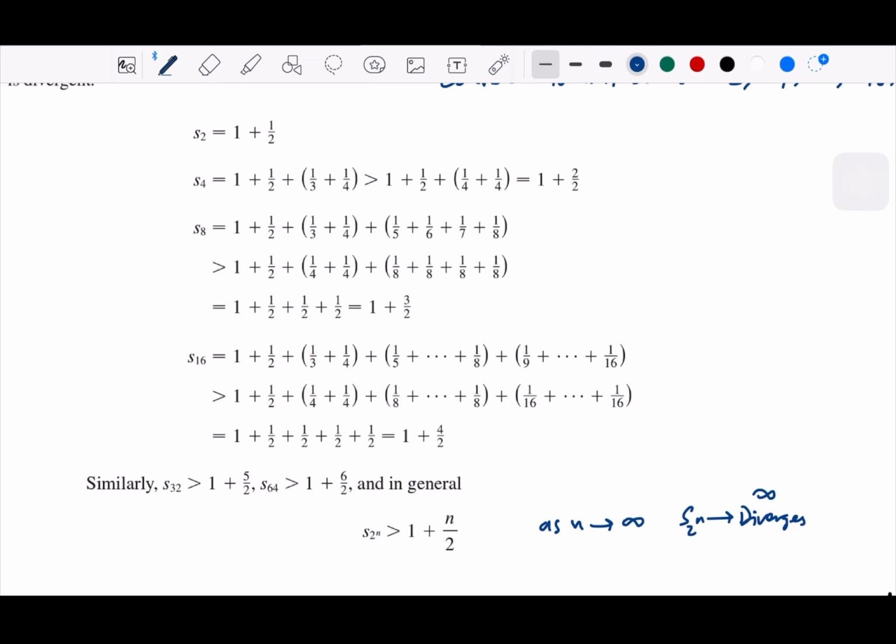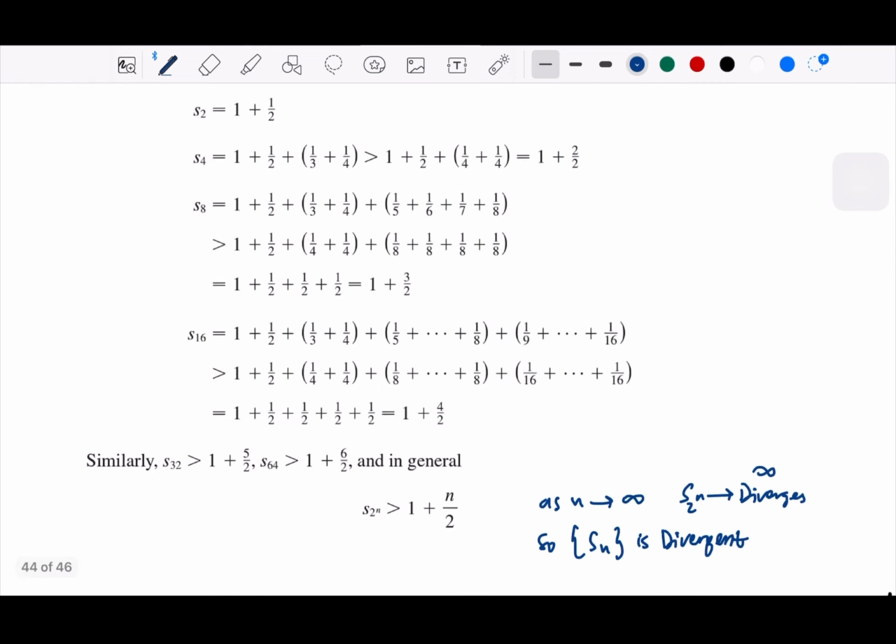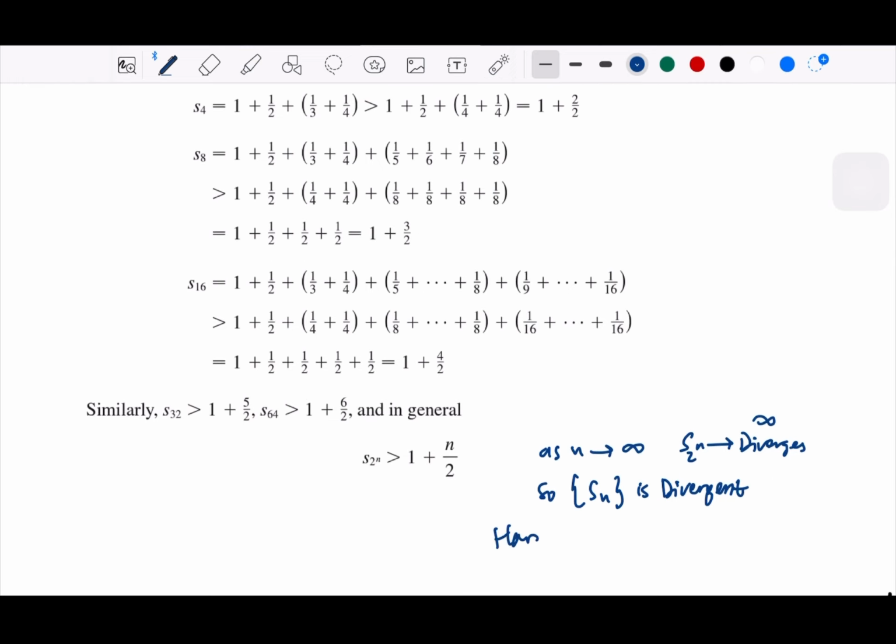Okay? And so the Sn is divergent. So therefore, the harmonic series is divergent.